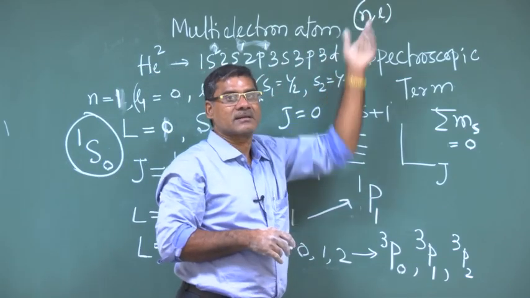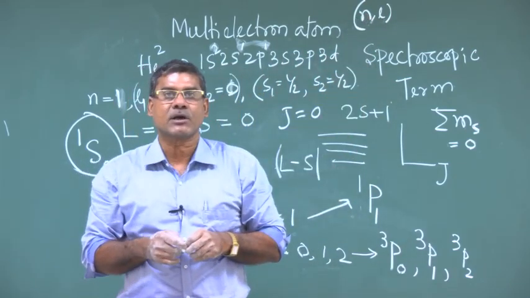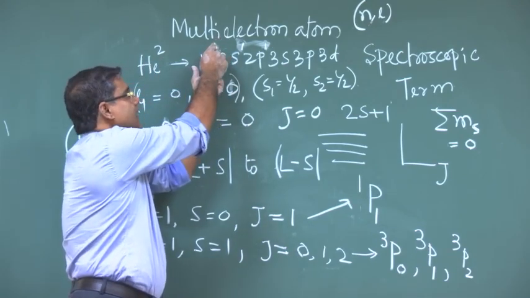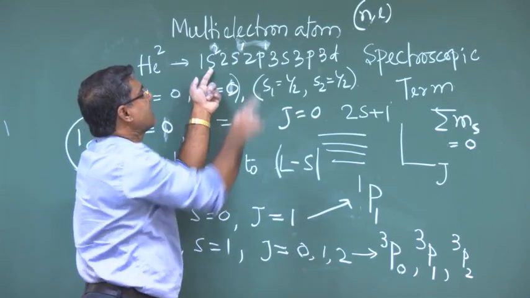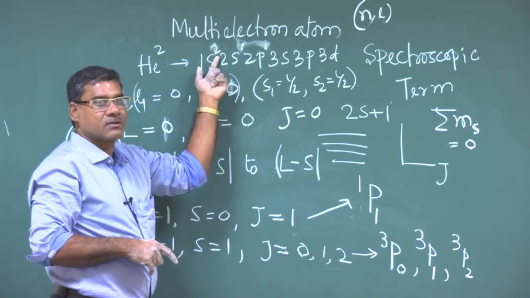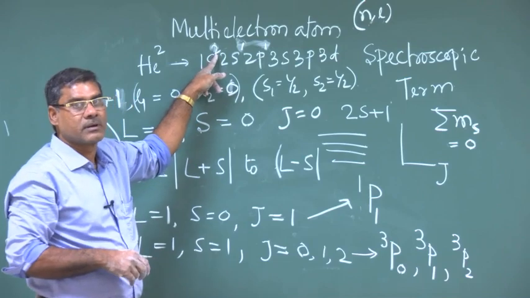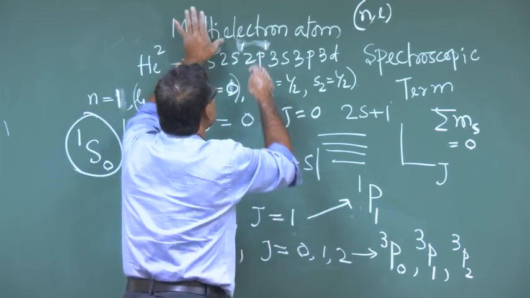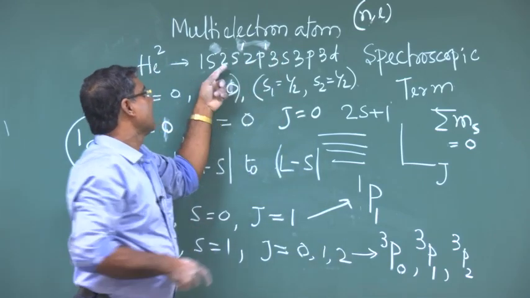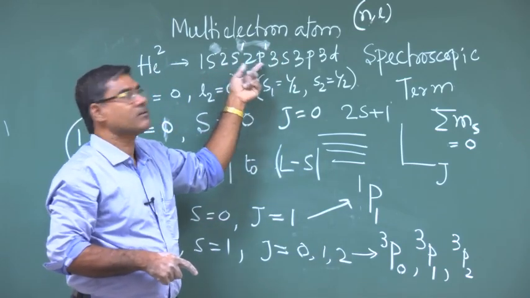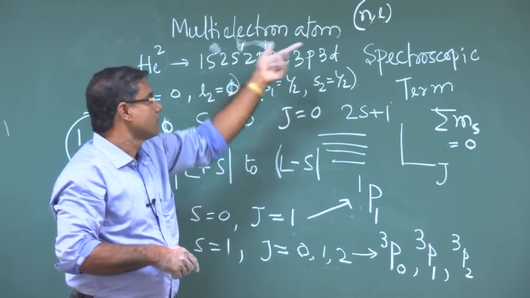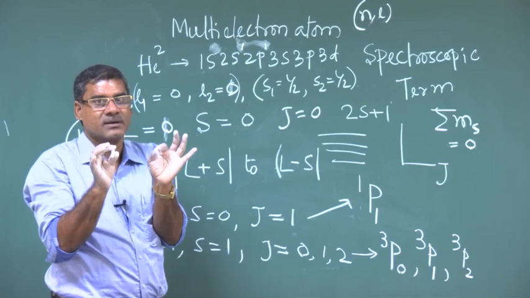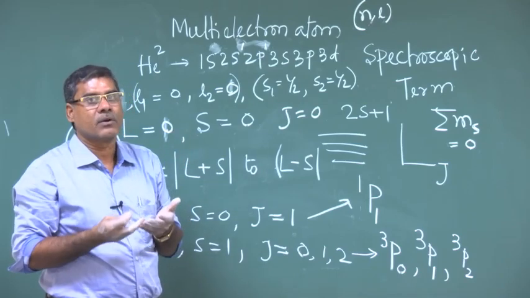If n and l are the same for two electrons, then they are called equivalent electrons. In the first configuration, n equal to 1 and l equal to 0 for both, so the two electrons are equivalent. In the other configuration, n equal to 2, but l equal to 0 and 1, so nl are different for these two electrons, and they are called non-equivalent electrons.